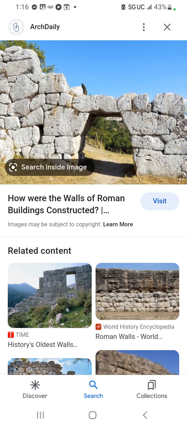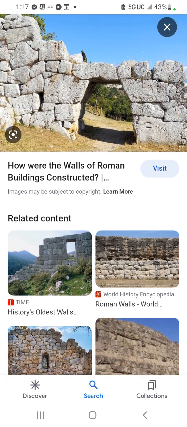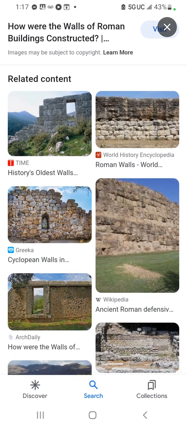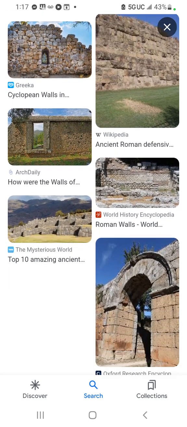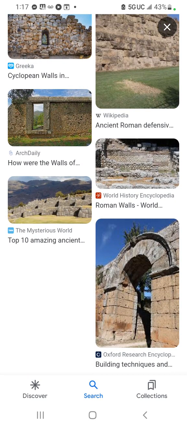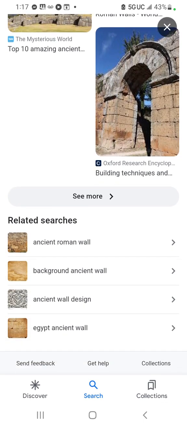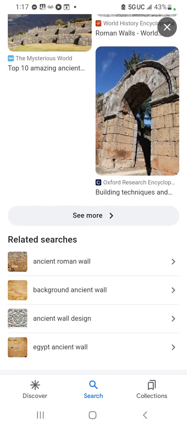We would take a big slab of rock, break it into small pieces, and then put it back together like a jigsaw puzzle, and that's how you get these polygonal walls. They just seem to fit so perfectly, yet they're oddly shaped for technically no logical reason other than, well, this is the easiest way you can build a wall: take a big slab of rock, break it into small pieces, and then put it back together like a jigsaw puzzle.